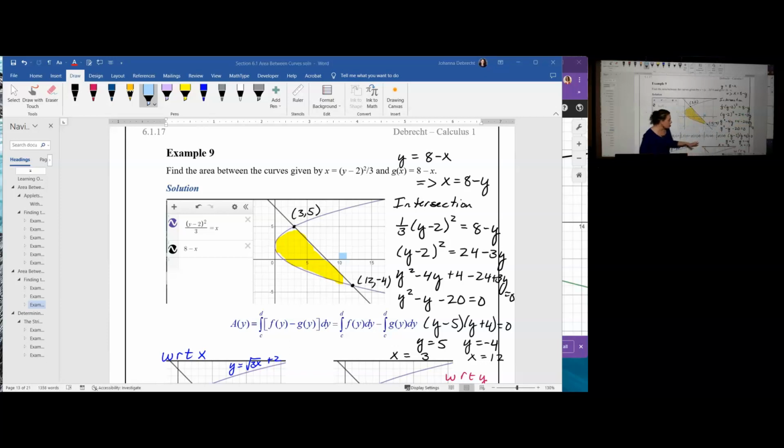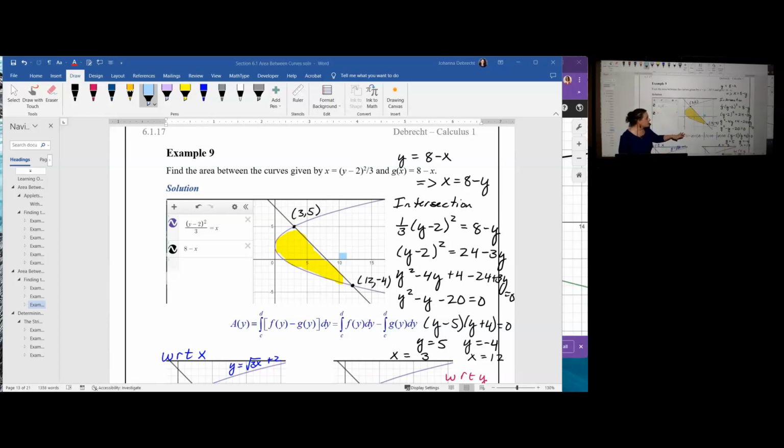Combining my like terms gave me the quadratic equation y squared minus y minus 20 equals 0. This factors into (y minus 5)(y plus 4), which gives me two y values, 5 and -4. Then I used the equation of the line to find the corresponding x value in case I thought it was better to integrate with respect to x.